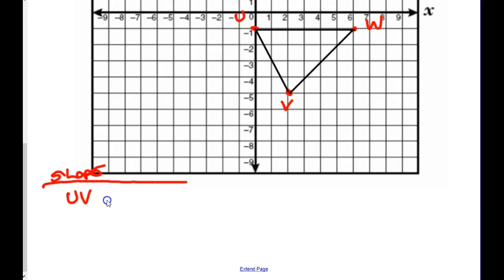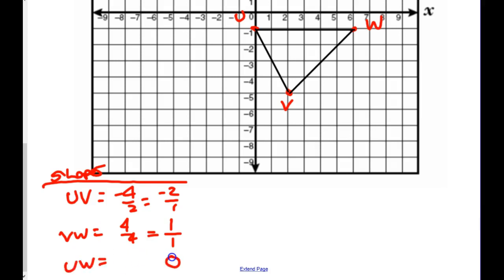The slope of UV goes down 1, 2, 3, 4 over 2, so that's -4 over 2, which is equal to -2 over 1. VW is up 1, 2, 3, 4, right 1, 2, 3, 4. That's 4 over 4, which is equal to 1 over 1. And then UW is totally flat, so that's going to be 0.